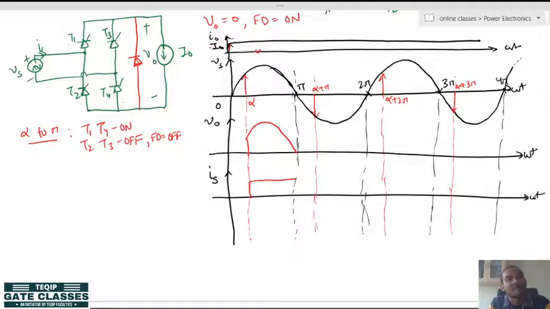But now, at pi, since T2 and T3 are not turned on and T1 and T4 are reverse biased, the freewheeling diode will become forward biased due to the inductor's L di/dt, and the conduction will be taken over by the freewheeling diode. Let us draw the freewheeling diode current also.